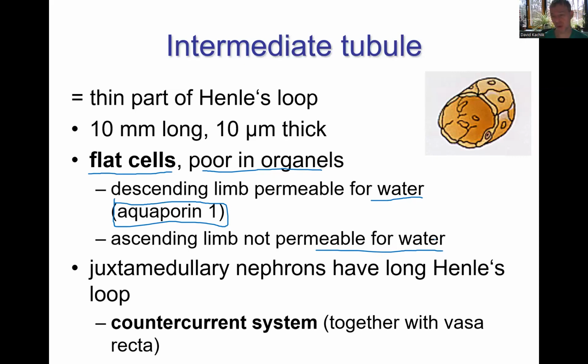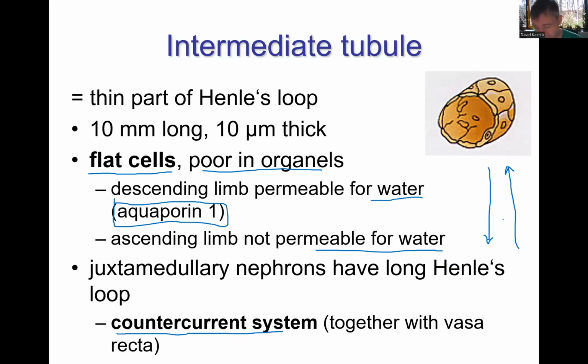Some of the nephrons have a short, some of the nephrons have a long intermediate tubule. Again, I will explain that. And this arrangement forms something which is called the countercurrent system, as we have tubules with urine in one direction and tubules with blood in the other direction, so that means blood vessels.